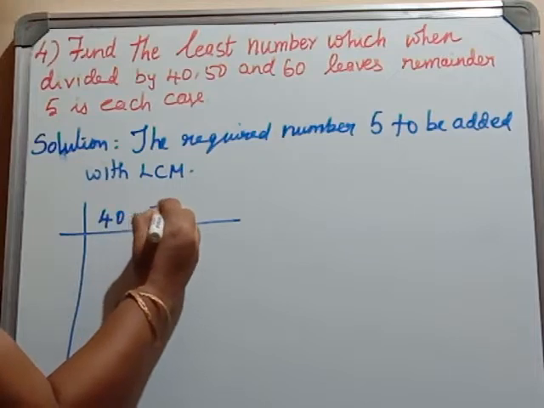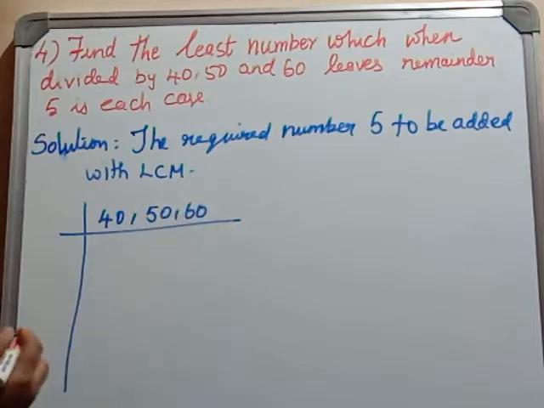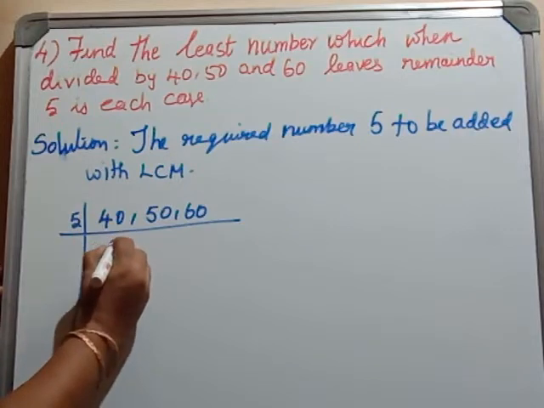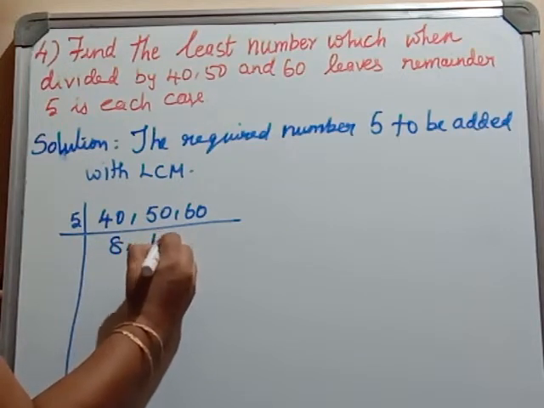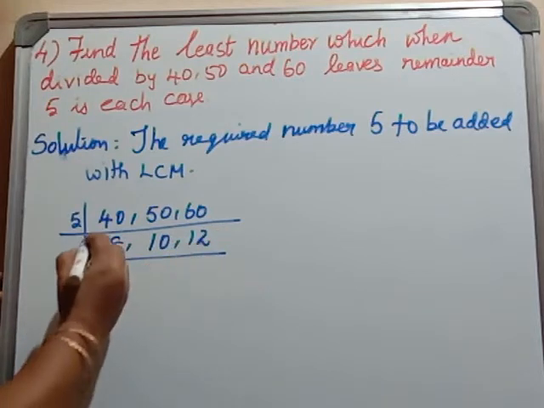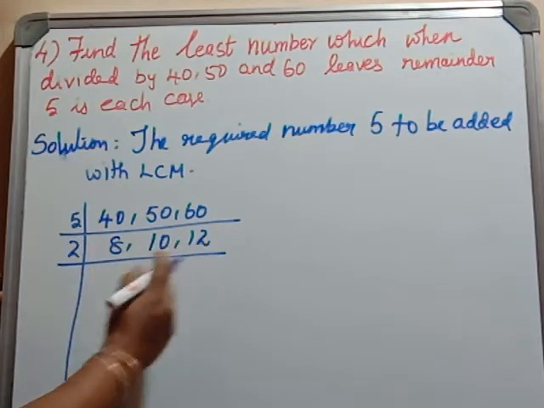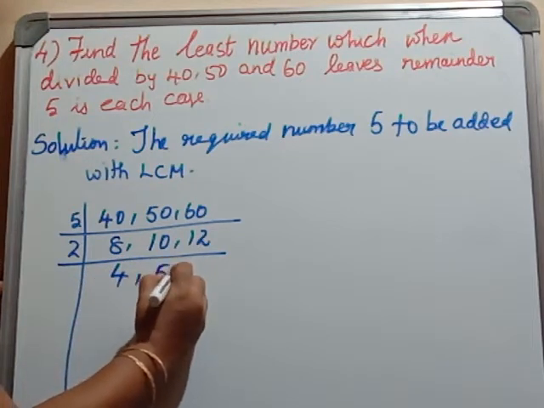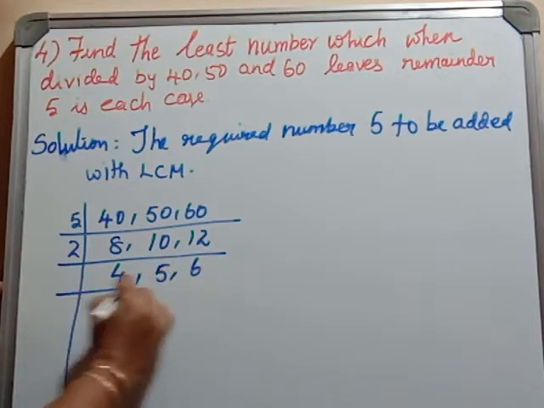40, 50, 60. Now I take 5. 5 is a prime number. 8 5s are 40, 10 5s are 50, 12 5s are 60. Now take 2 because all the three numbers can be divided by 2. 4 2s are 8, 5 2s are 10, 6 2s are 12.